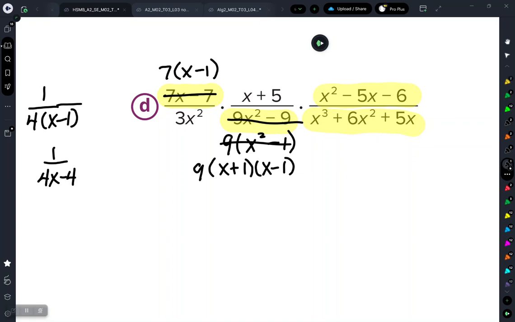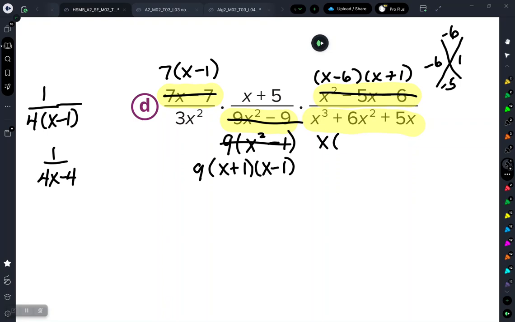X squared minus 5x minus 6, we can find 2 numbers that multiply to make -6 and add to make -5. That would be -6 and 1. So x minus 6 times x plus 1. Cross this out so I don't look at that anymore. And then the last one, we have a GCF of x. And then I think I'm going to have to do a little bit more factoring with this.